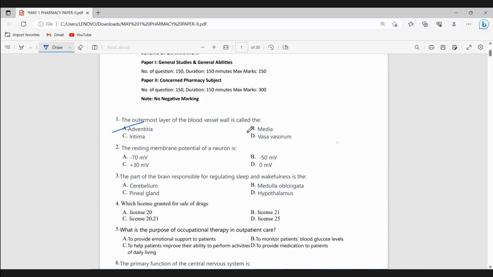It is the innermost layer of blood vessel wall, which is in contact with blood flowing through the vessel. I'll repeat once again. Intima, it is the innermost layer of blood vessel wall, which is in contact with blood flowing through the vessel.